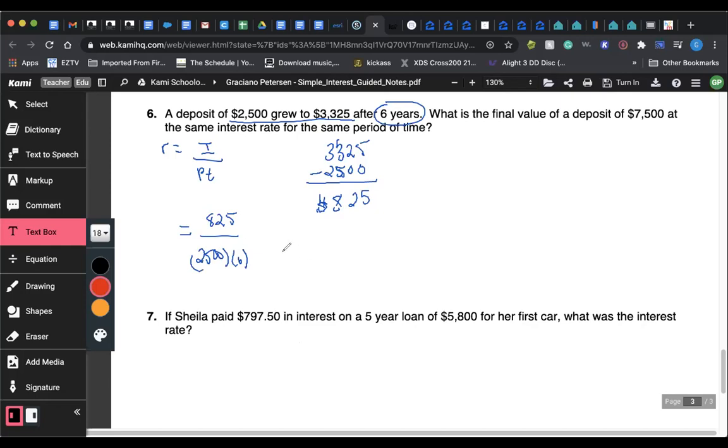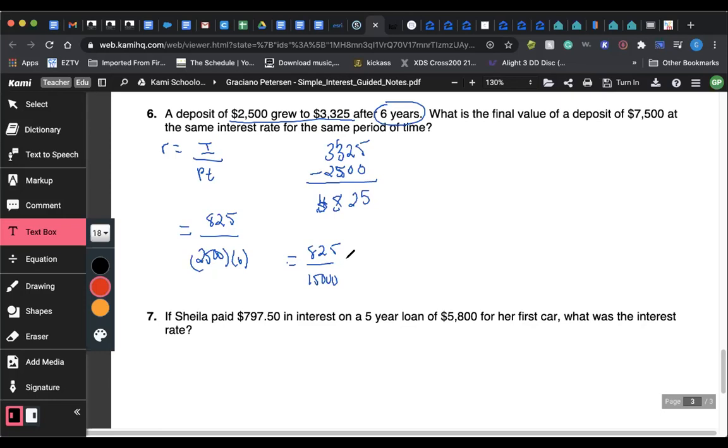So my rate is equal to 825 divided by 15,000. I separate these steps out. Of course, you can put it all in your calculator at once, but if you make a mistake somewhere, it's easy to go back and correct it.